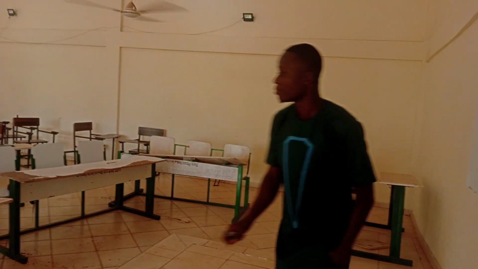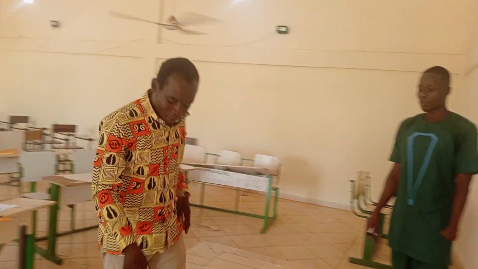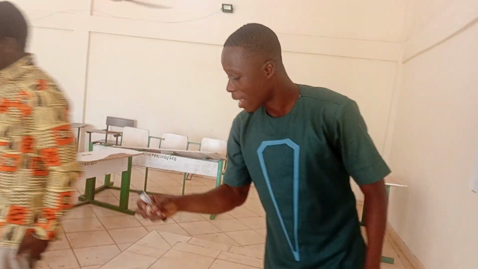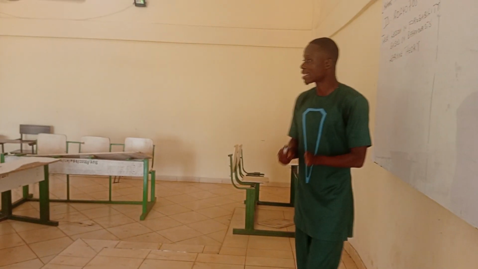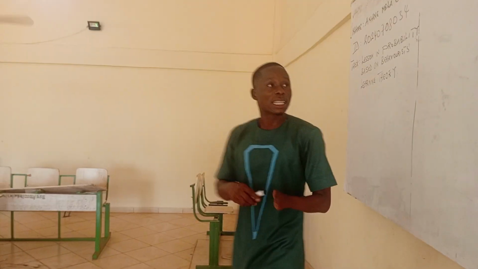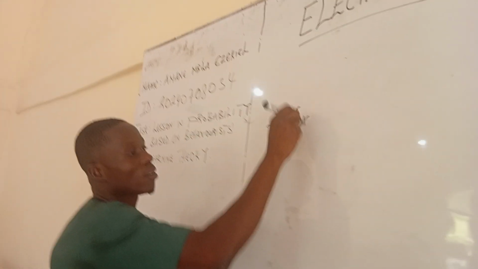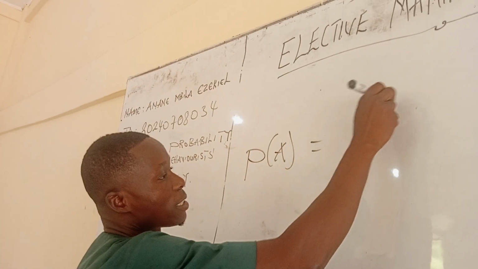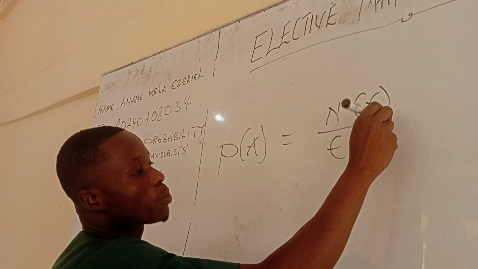Mr. Matthias. Matthias' trial is 6, and we call this one a single trial. And the single trial will give us a probability, number of events over number of sample space.